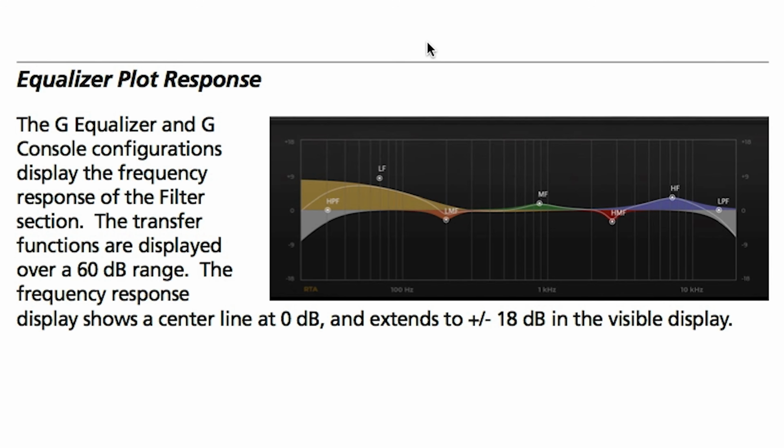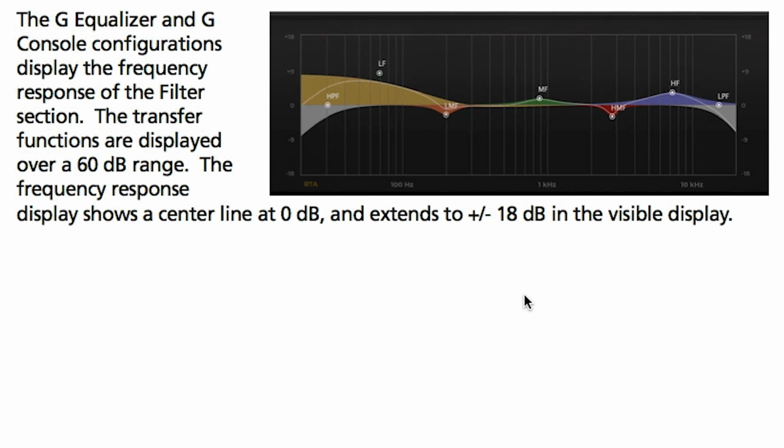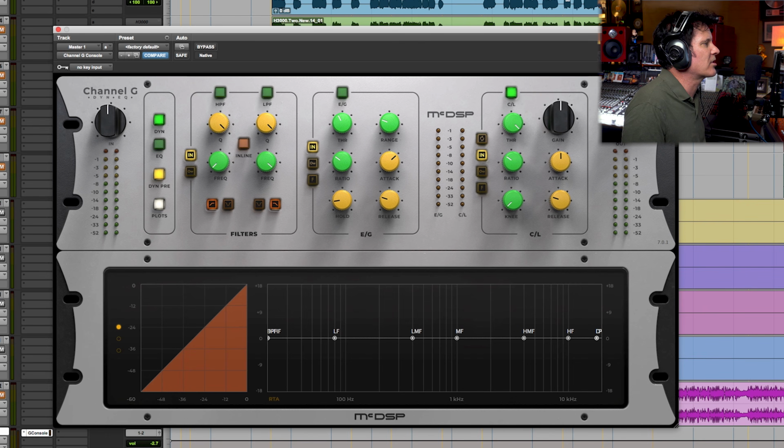The G equalizer and G console configurations display the frequency response of the filter section. The frequency response display shows the center line at 0 dB and extends to plus or minus 18 dB in the visible display. So let's put it in somewhere where it's going a little bit more hectic. So second pre-chorus into chorus.